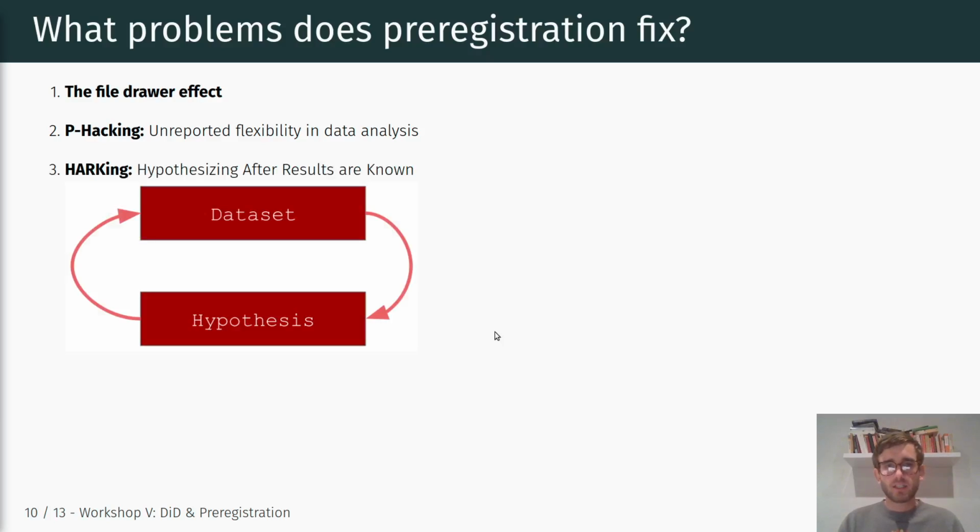And lastly, HARKing, this idea of hypothesizing after results are known, which is of course related to p-hacking, but it's not exactly equivalent, right? With p-hacking, you're just looking for significant results. With HARKing, you're examining patterns in the data.